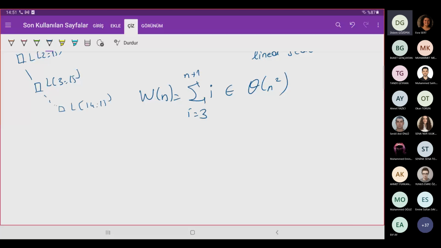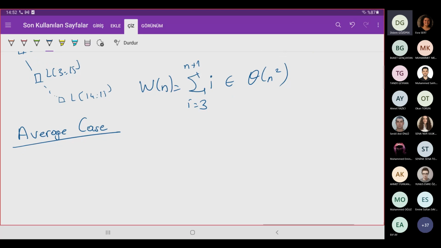So average case analysis is, of course, as you would expect, a little bit more difficult, but it's not that difficult. For instance, if you want to make a precise analysis of the average case of binary search, it may become very dirty and complicated.